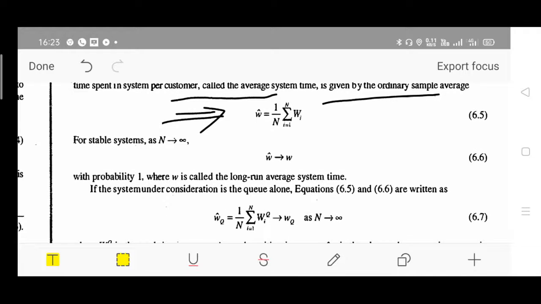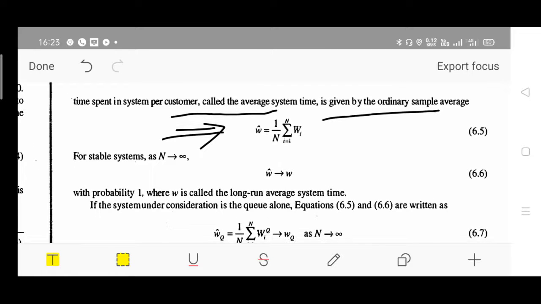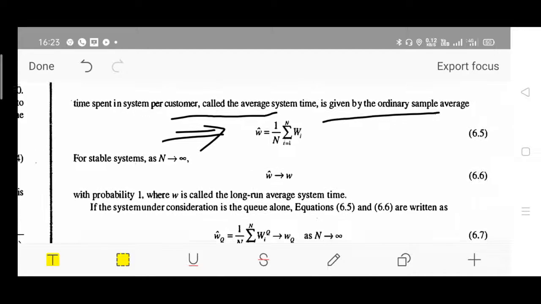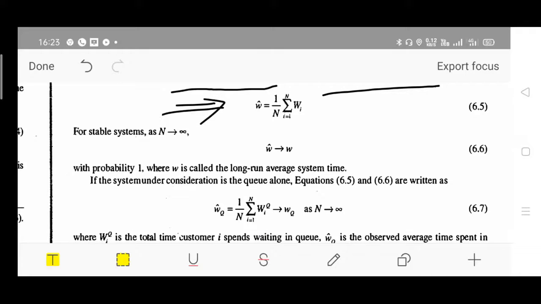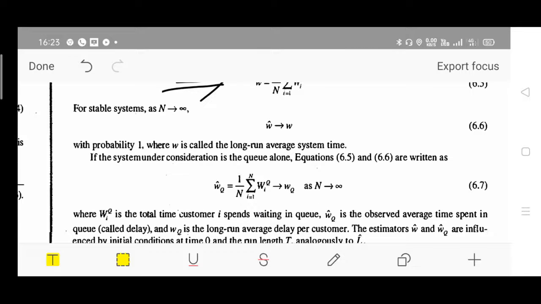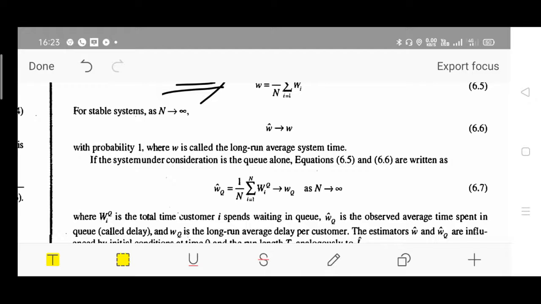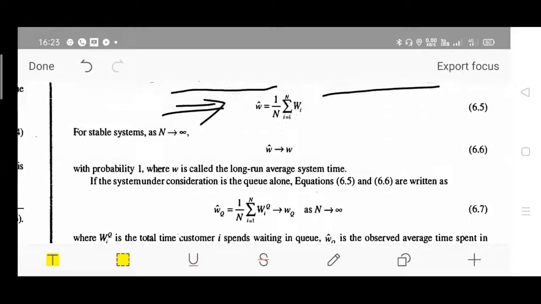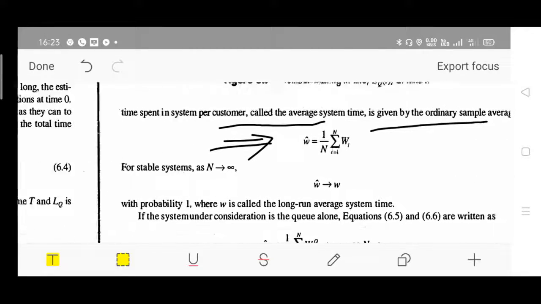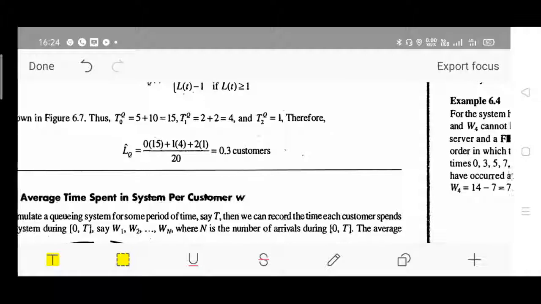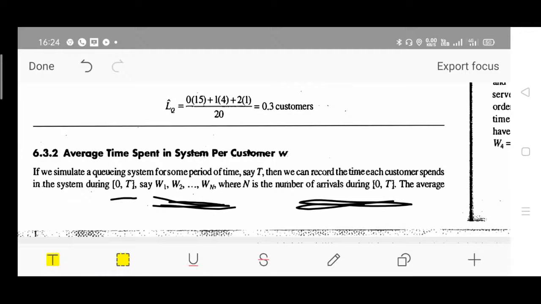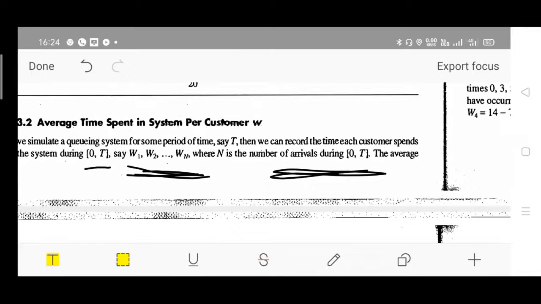So for such systems, W cap is equal to W with probability 1, where W is called the long run average system time, and its value will remain. It tends to the value of W. This is the definition of average time spent in a system per customer.